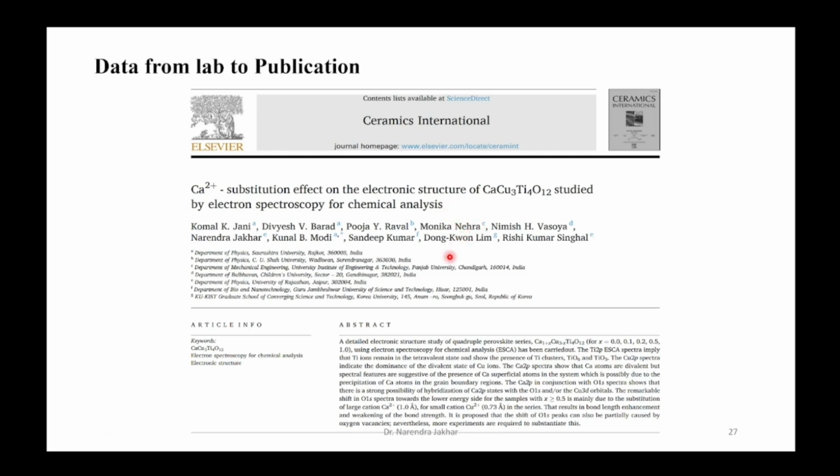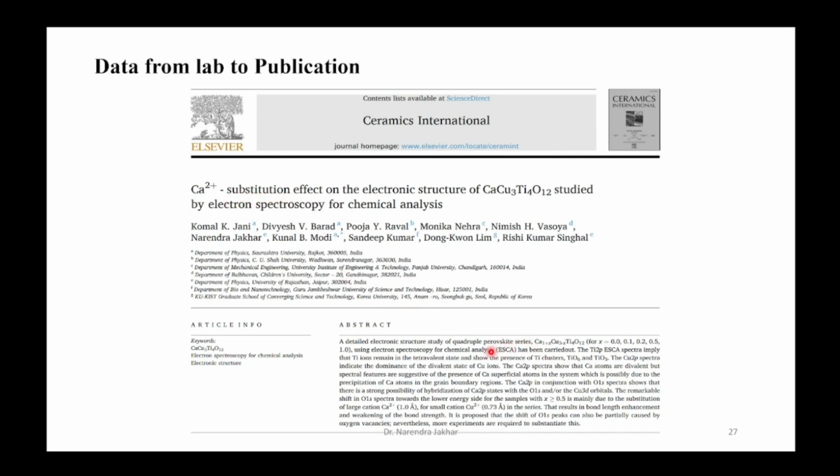So what we were interested in was looking into the effect of systematic Ca2+ substitution in CaCu3Ti4O12. So the CCTO sample is the host matrix, and then we substitute Ca2+.